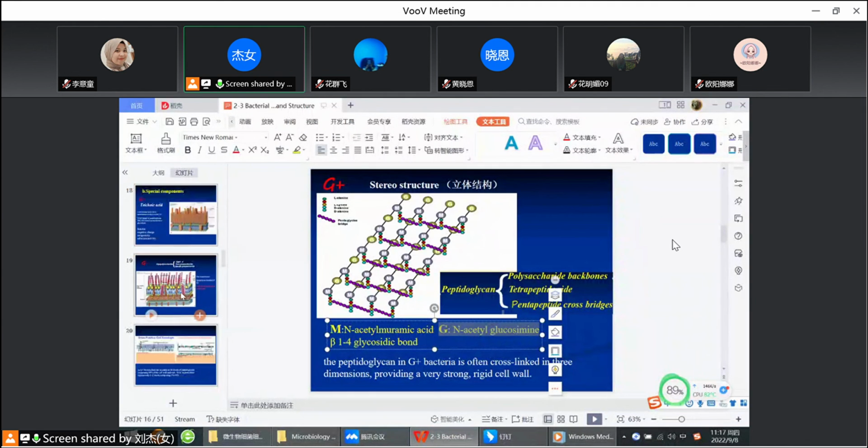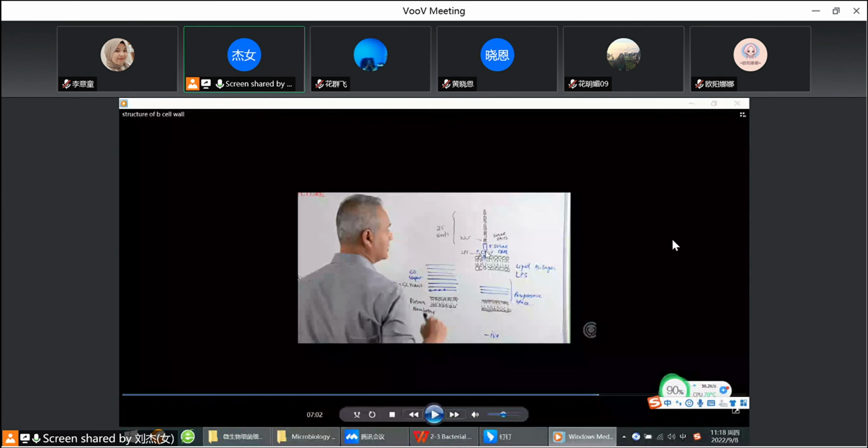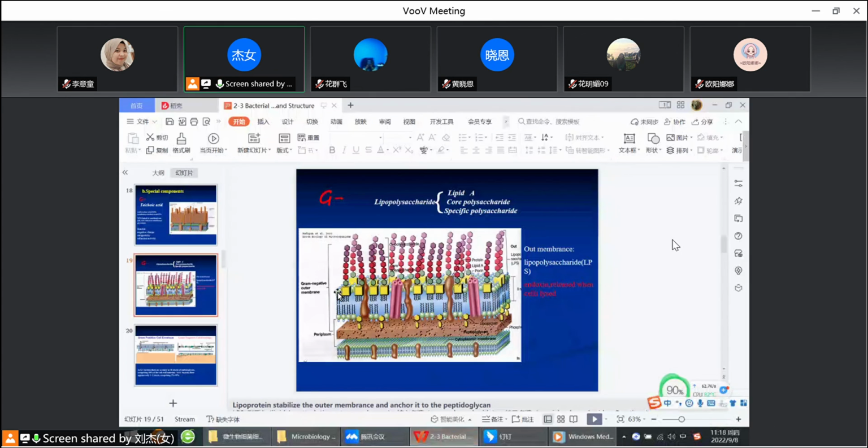Okay, so let's see here. For the gram-negative bacteria, as the teacher told you, this is the cell membrane for the bacteria. And there are only 3 layers of peptidoglycan. And here is another lipid unit, just like what he drew. Here is the core called lipid A, the yellow one.